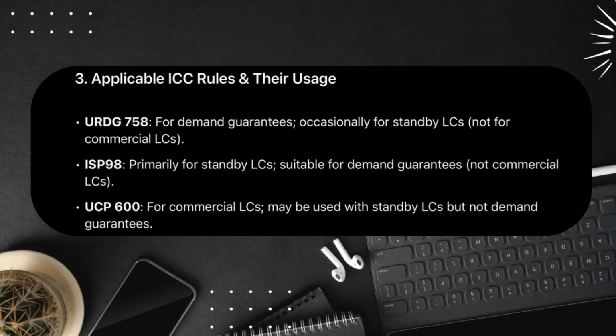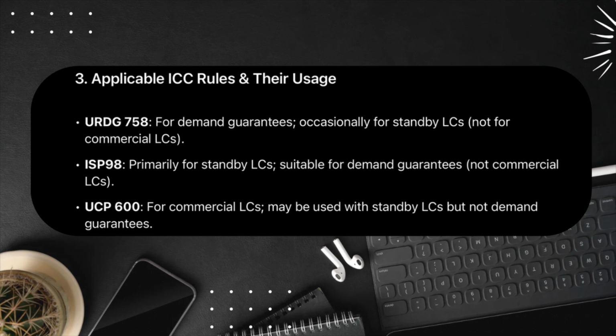Now let's see UCP 600. We have seen URDG 758 is designed to be incorporated into demand guarantees and that ISB 98 is designed to be incorporated into standby letters of credit. Where does that leave UCP 600? In practice, many standby letters of credit, particularly in the oil industry, are issued subject to UCP 600.